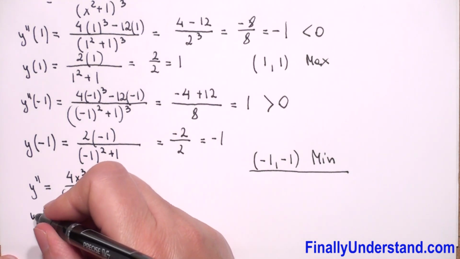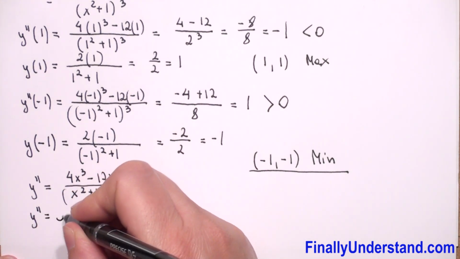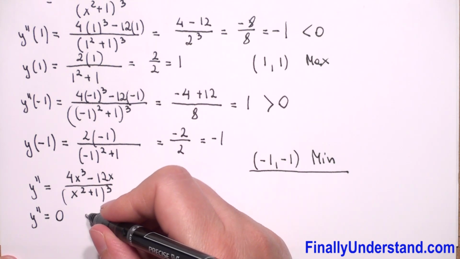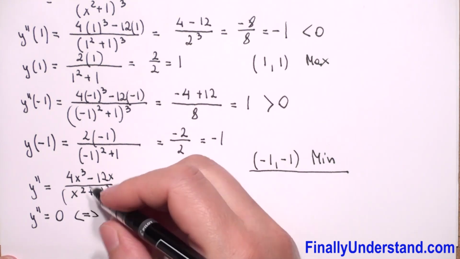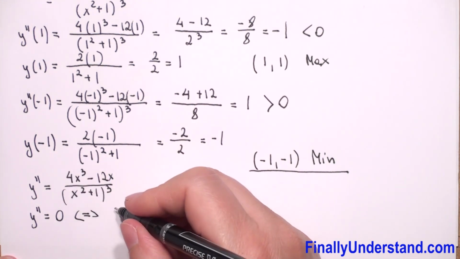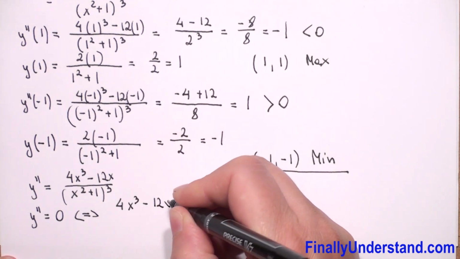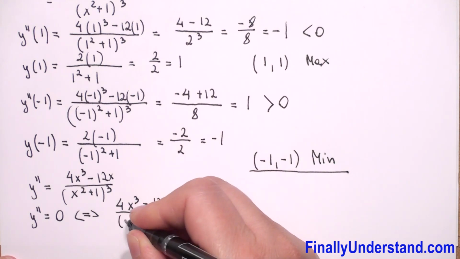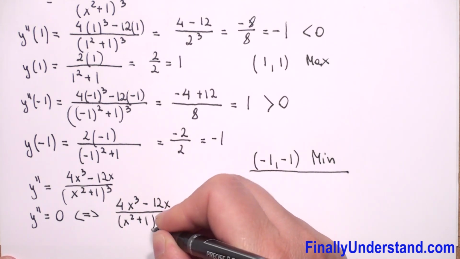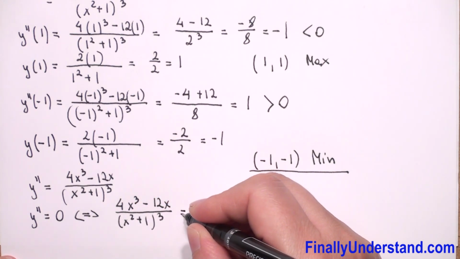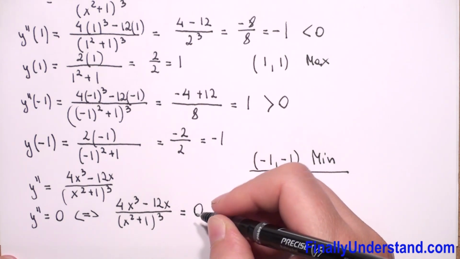Okay, the second derivative we have to set equal 0. The second derivative is equal 0 if and only if we have 4x to third minus 12x over x squared plus 1 to third power. This must be equal 0.